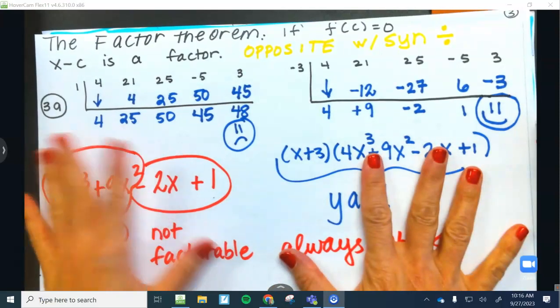All right. So let's try again, guys. Great questions. Let's keep going. Let's look at 3B. First of all, look at the polynomial, not your phone. Look at your polynomial. Do you have any missing degrees in that polynomial? No, so you're not going to have any zeros for placeholders.